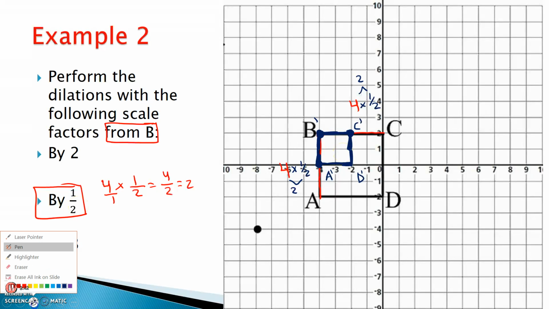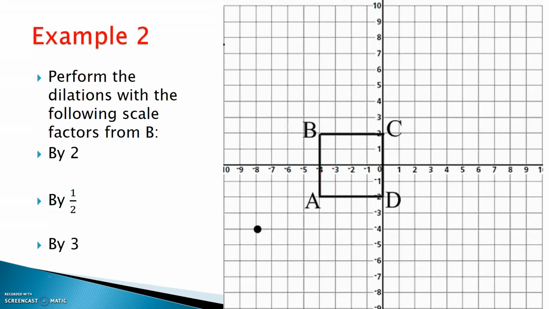Okay, let's try it one more time. Actually, we won't do it for this one, but by a factor of 3 and still from point B, all you're really going to do, again, you're still stuck at point B. This was 4. This was 4. We can actually do this pretty quickly. If I multiply 4 by 3, that gives me 12. So I need to go a distance of 1, 2, 3, 4, 5, 6, 7, 8, 9, 10, 11, 12.